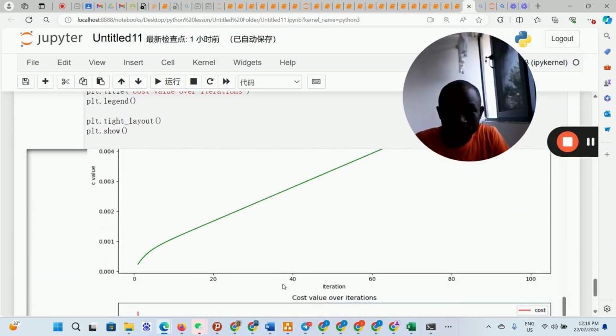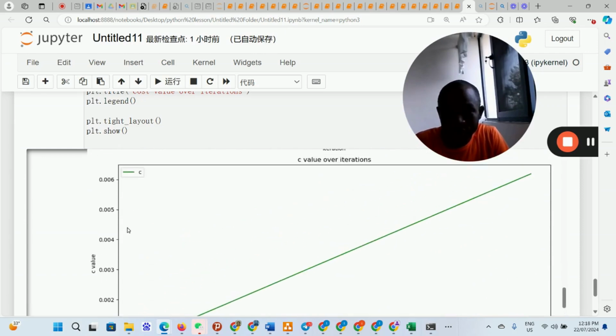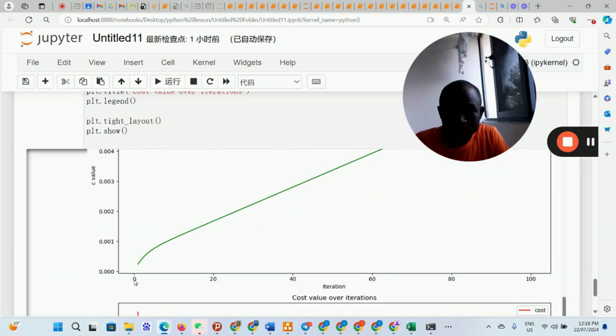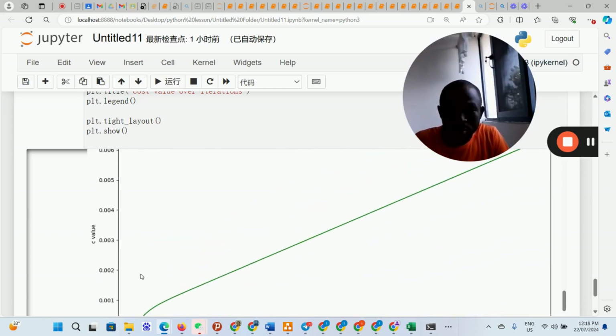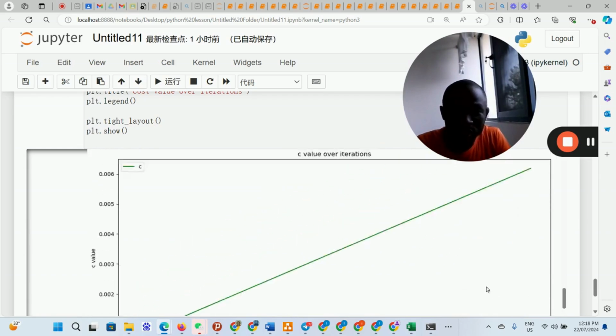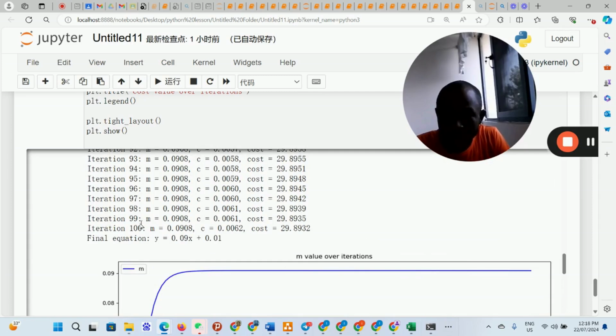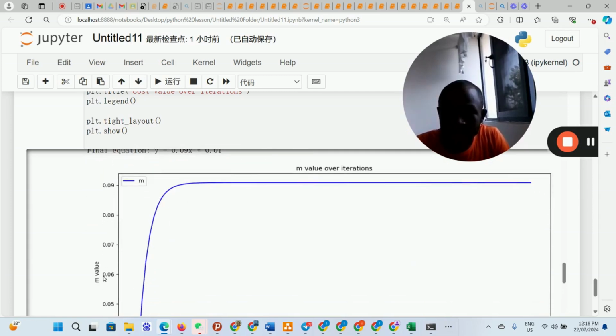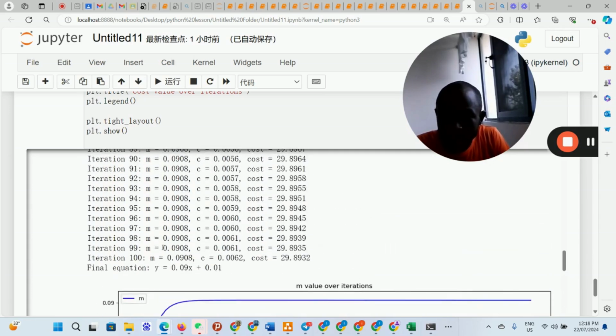Also, when you look at the iteration versus the c value, the intercept, it started from here and moved right up to a maximum of 0.06. For the m value, you have 0.09, this is the maximum, 0.09.